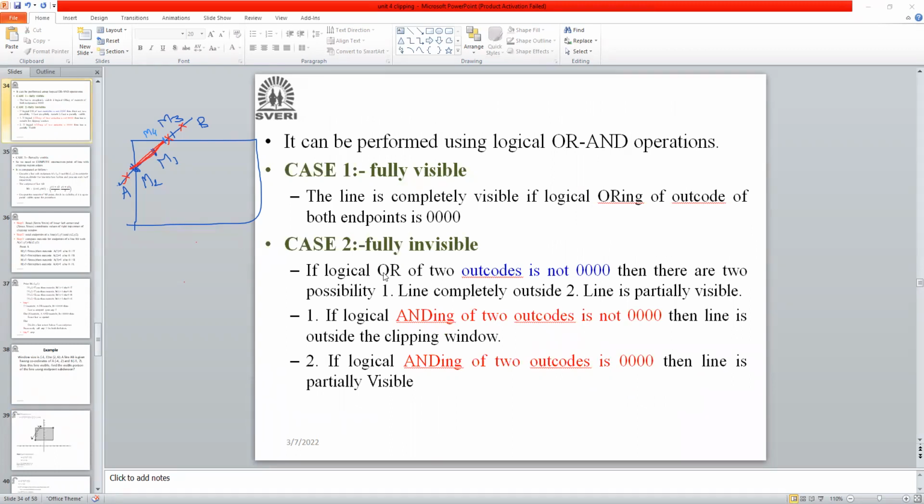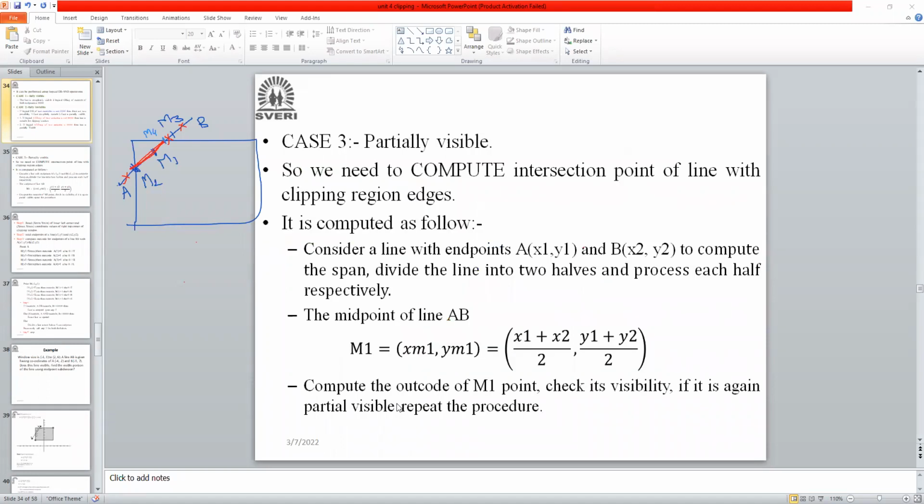If the OR operation is not 0, then two things: completely outside or partially outside. So perform the AND operation. If the AND operation is not 0, reject the line. If the AND operation is 0, a partially visible line is there. So perform the computation like this.